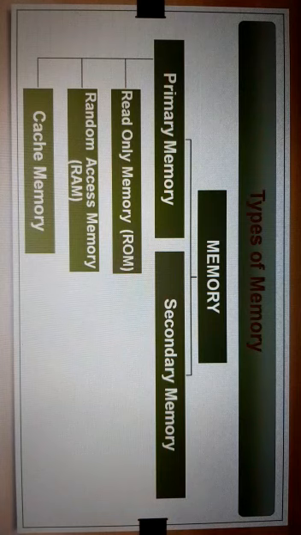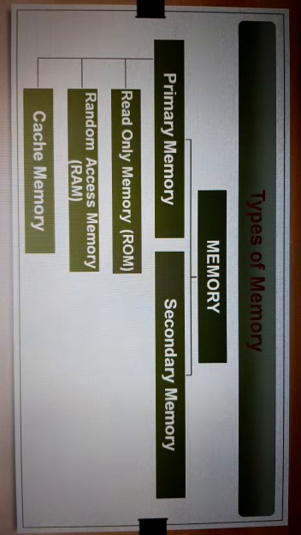In fact, the computer's memory is divided into two parts, as I have explained earlier. One is the primary memory or internal memory or main memory, and the other is secondary memory, external memory or mass memory. First of all, we discuss the primary memory. Furthermore, primary memory is divided into three main categories.